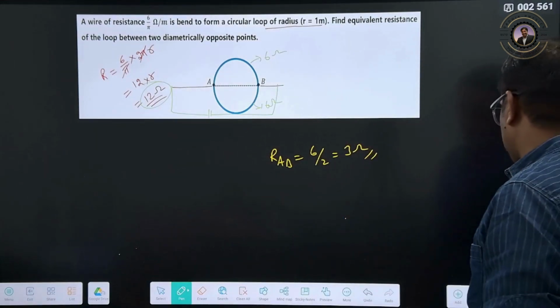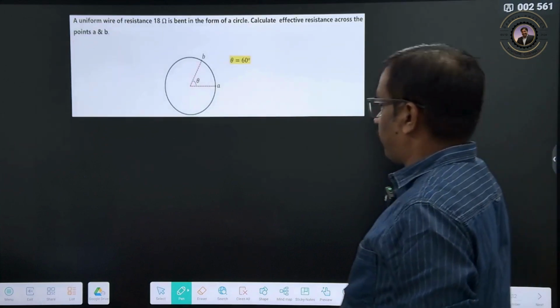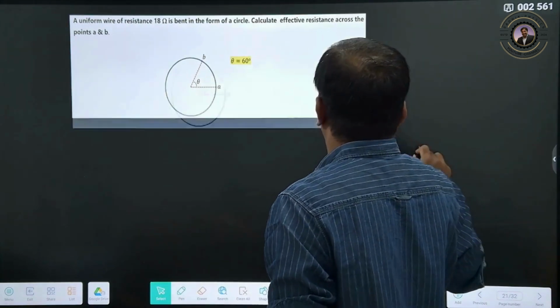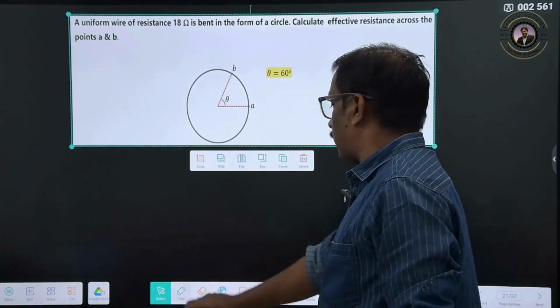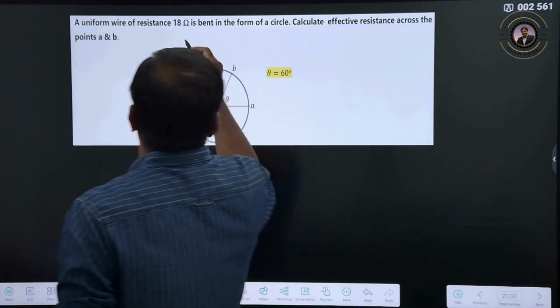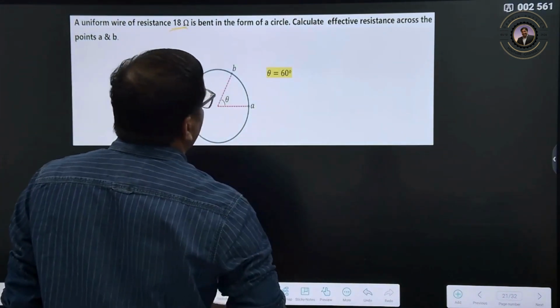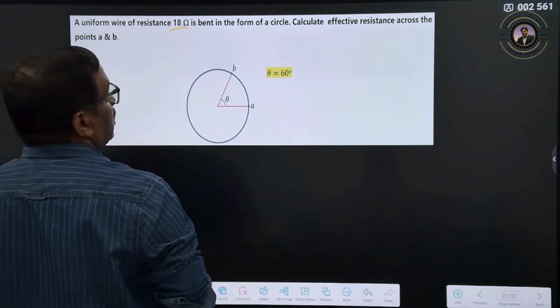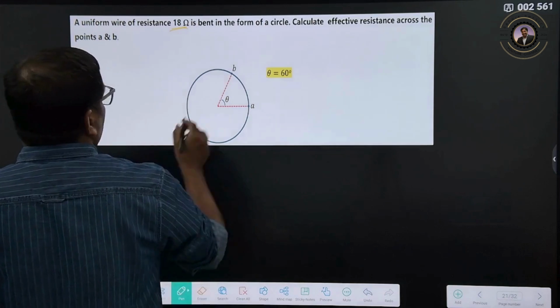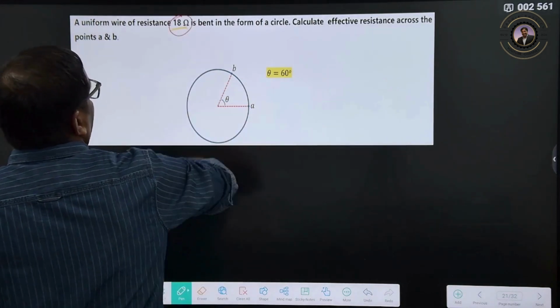Clear? Now we will go for one more question. Here I gave this question: a uniform wire of total resistance 18 ohms is bent in the form of a circle, find the effective resistance between A and B, where theta is equal to 60 degrees. So total resistance is 18 ohms.